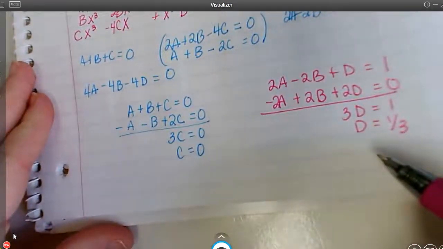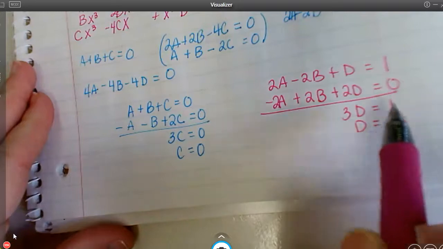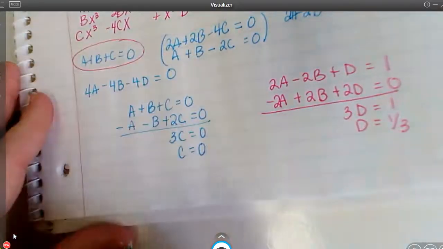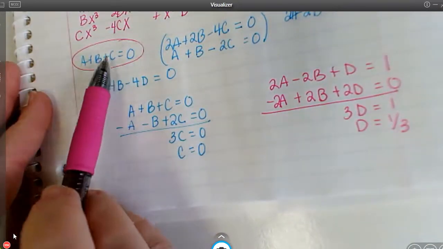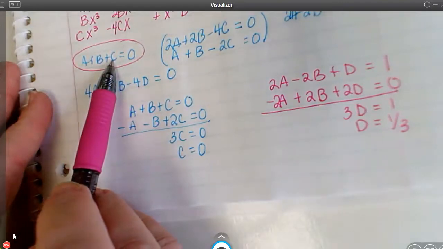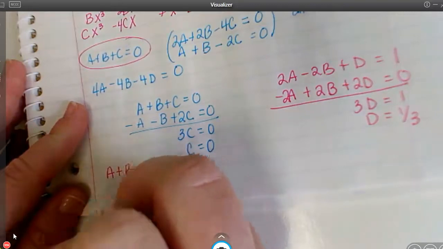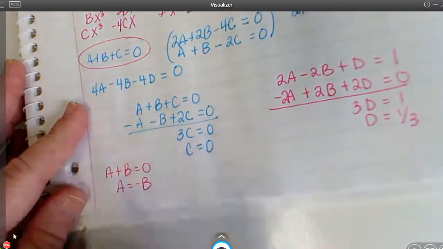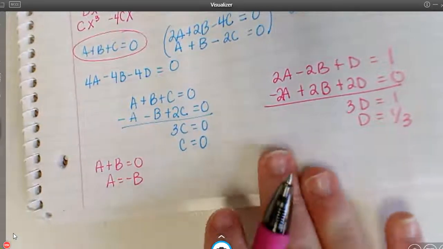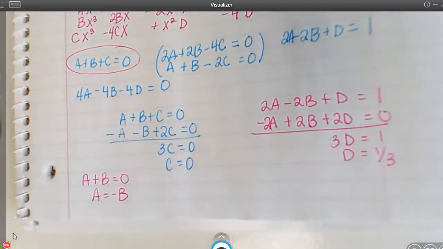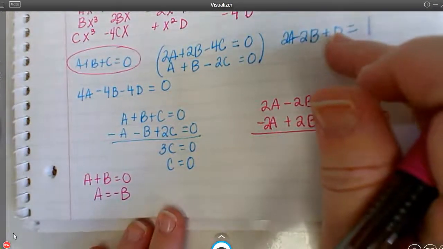Okay, so we got C, we got D, we need A and B. This equation is a pretty good equation because if I plug in C, which is 0, that's going to tell me something really important about A and B. That tells me A is negative B, so if I can figure out one of those, that's nice. And then you can plug A and B into some equation where you know D. Maybe that one, because that one looks easier.